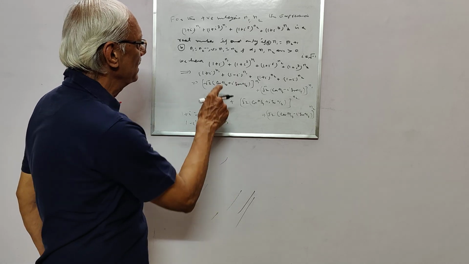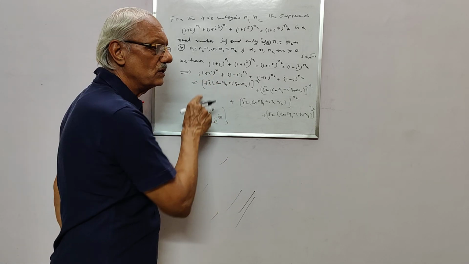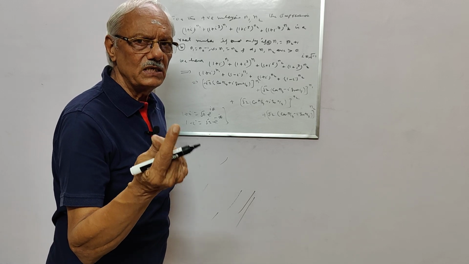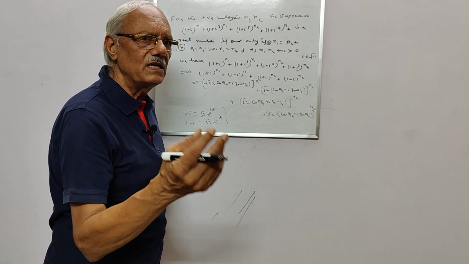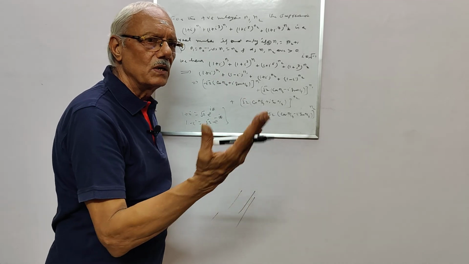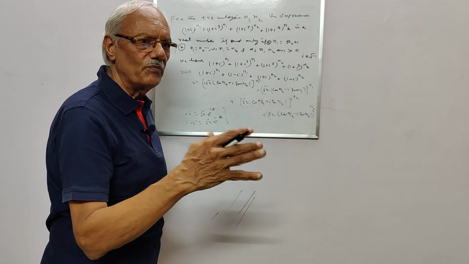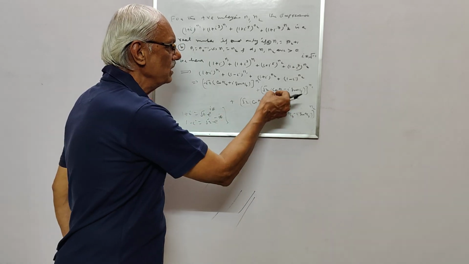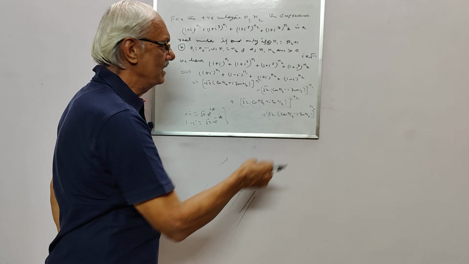In this particular case, x is equal to 1 and y is equal to 1. Your theta value is 45 degrees or minus 45 degrees as the case may be. Here 1 minus i means minus 45. But cos of minus theta is cos theta, sin of minus theta is minus sin theta. Using this idea, I am able to get these values.